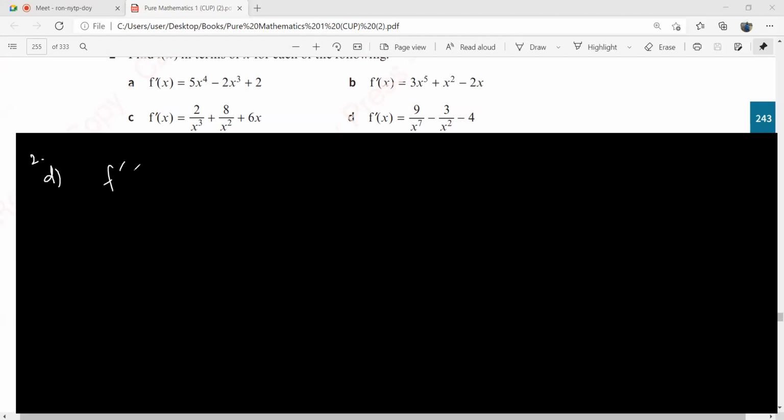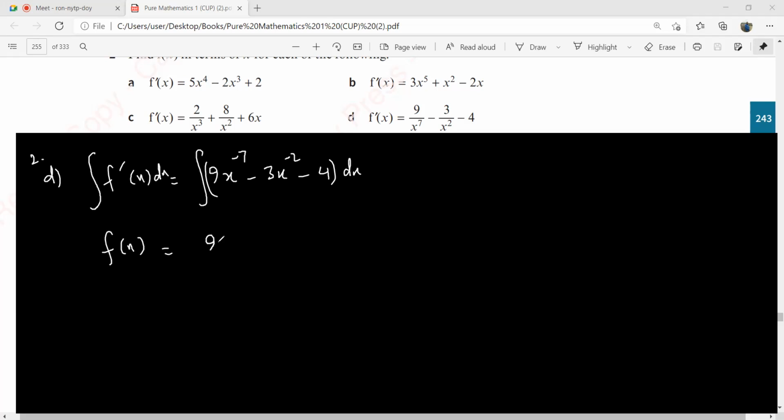So you have f dash of x that is equal to, let me write it as 9x raised to the power minus 7 minus 3x raised to the power minus 2 and then minus 4. Now you can simply write here dx with this. When you integrate f dash of x with respect to x, this would become f of x.